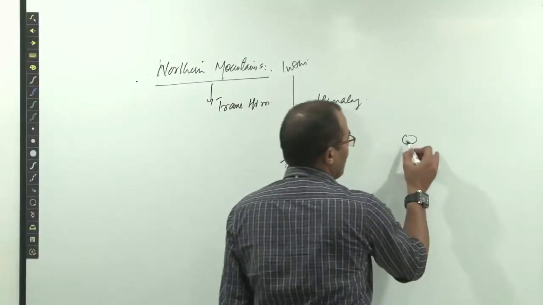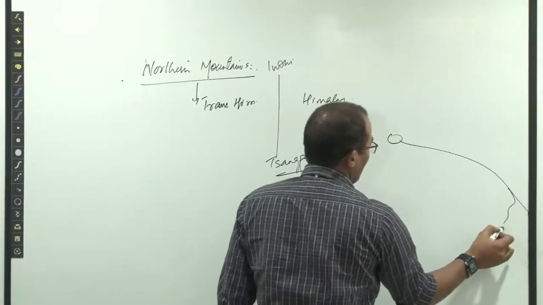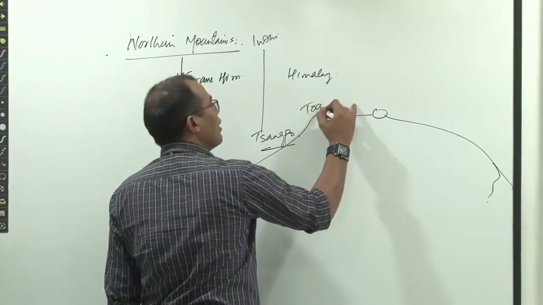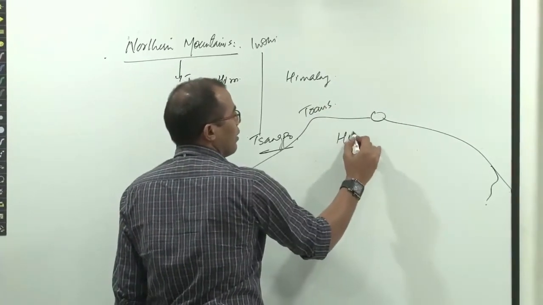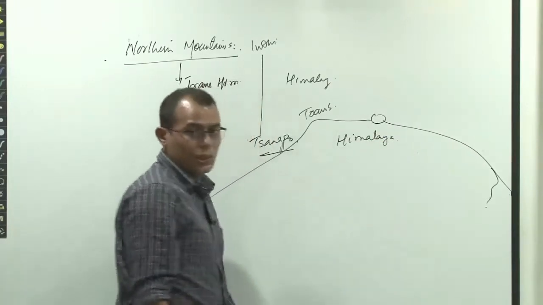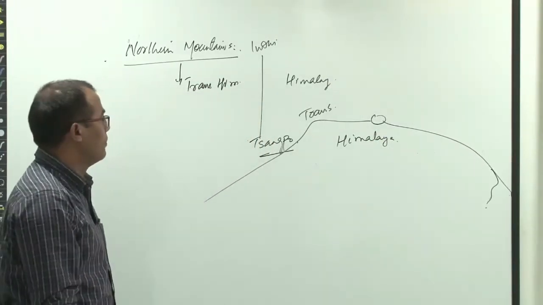So let's say Mansarovar Lake, Brahmaputra, Indus, Trans-Himalaya, Himalaya. This is the general boundary of that.